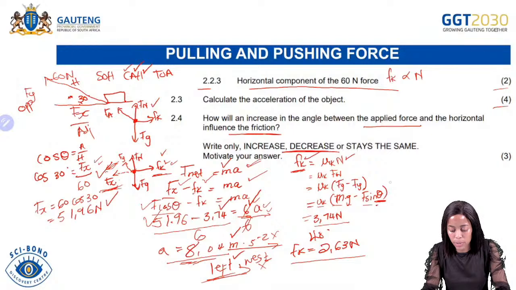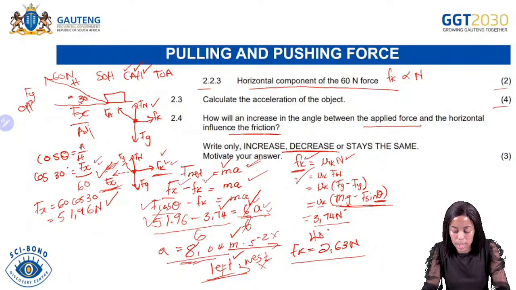We can firstly start by saying that the normal force is directly proportional to the frictional force. When we increase the angle, it means that the normal force decreased, and as the normal force decreased, it also decreased the kinetic friction.